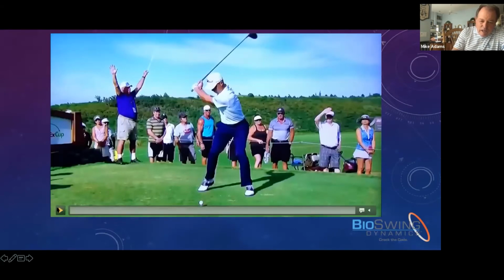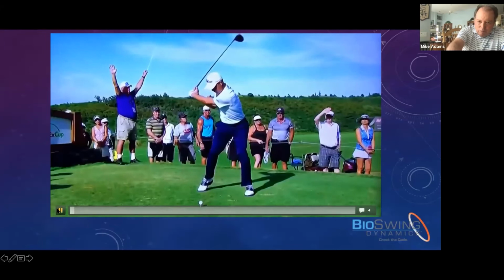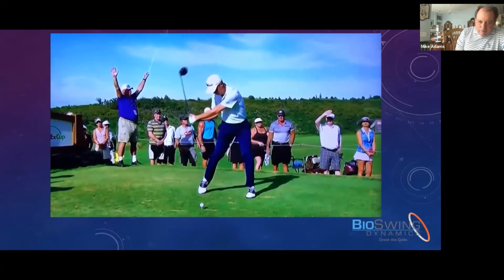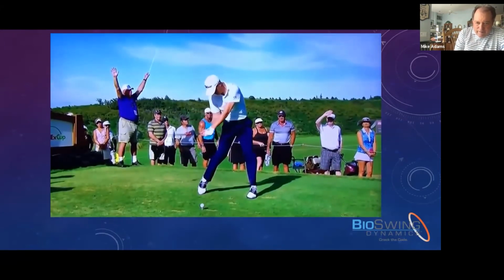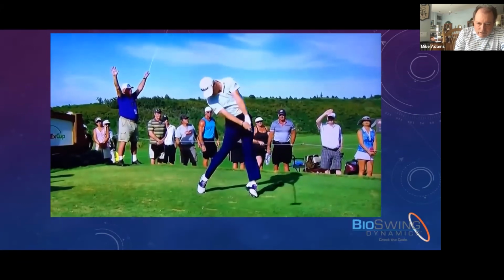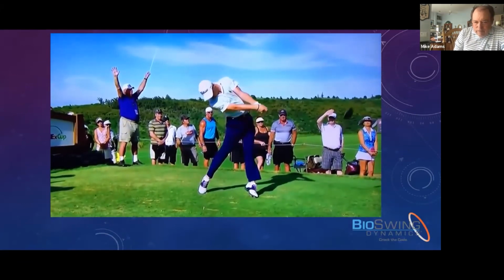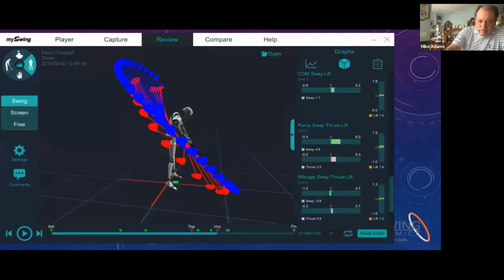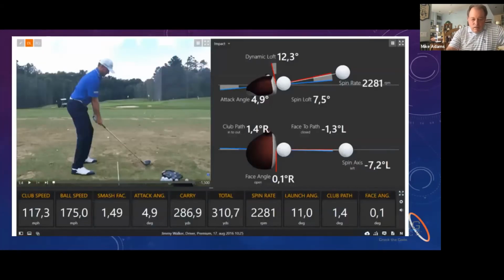Watch how quickly he gets off his right foot. Watch the right elbow tuck in. Watch the right hand stay under. He's actually flying. Jimmy Walker, side under grip.